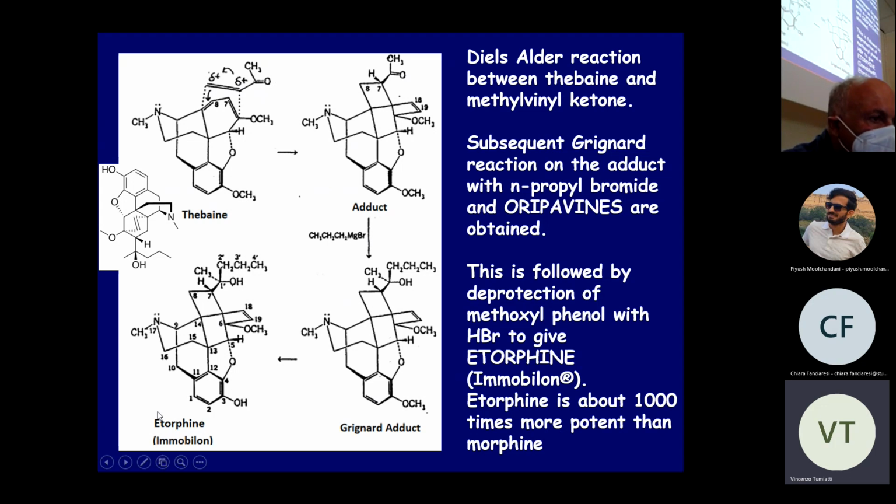The final compound, with an additional cycle on the C ring, is called etorphine. The commercial name is Immobilon. It is 1,000 times more potent than morphine.